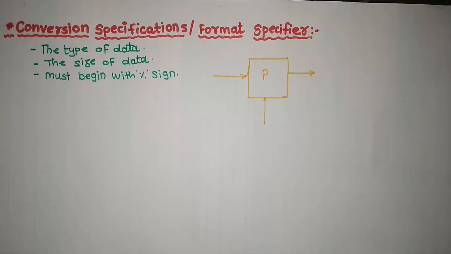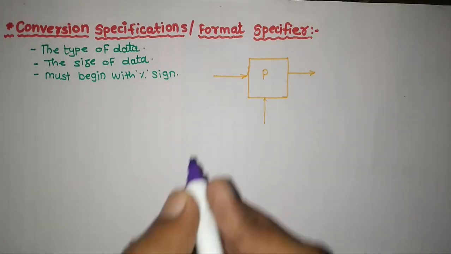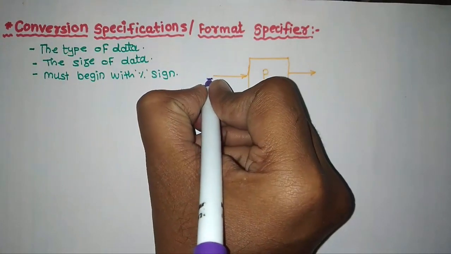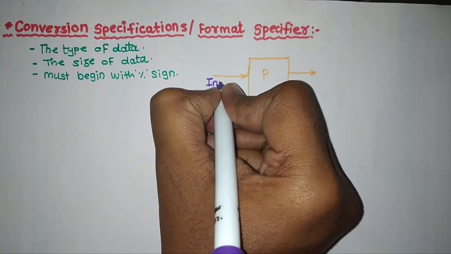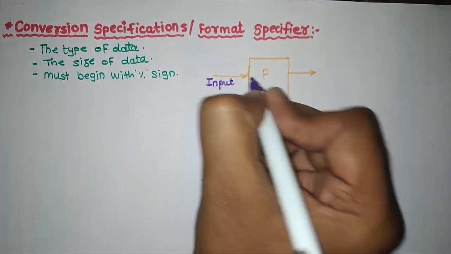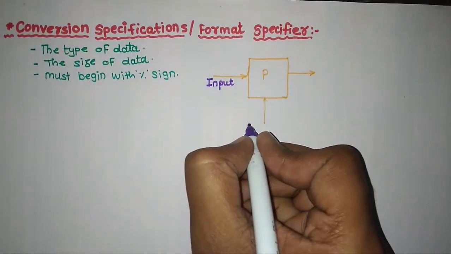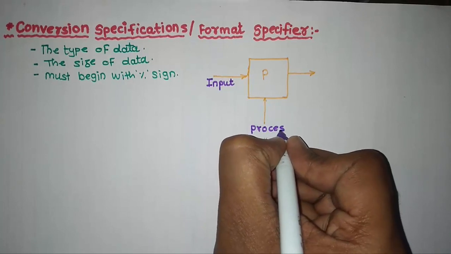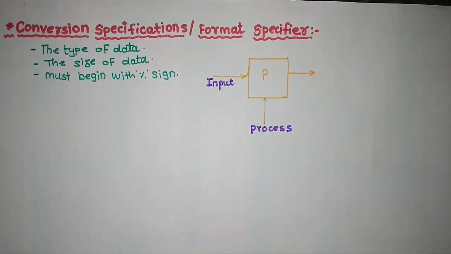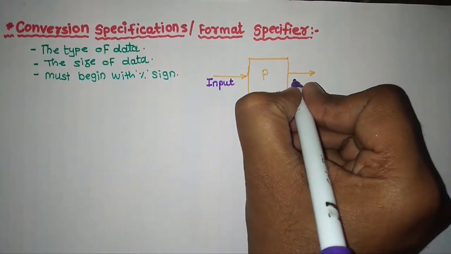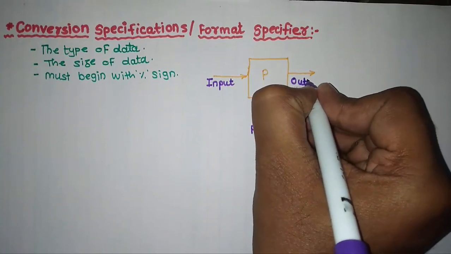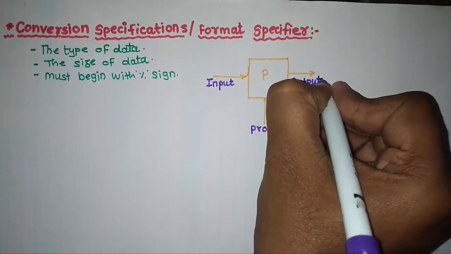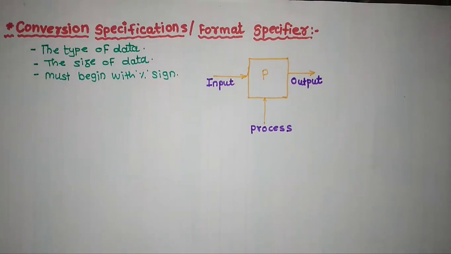So when we talk about these three different stages, the first one is input, that is, take data from the user. The second stage is simply the process, as per requirement, just process the input data, and the third one is an output. Whatever processed data is there, just give that processed data as an output to the final output terminal.